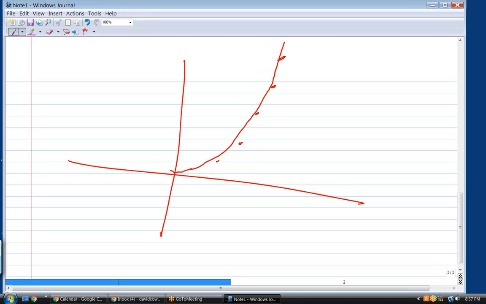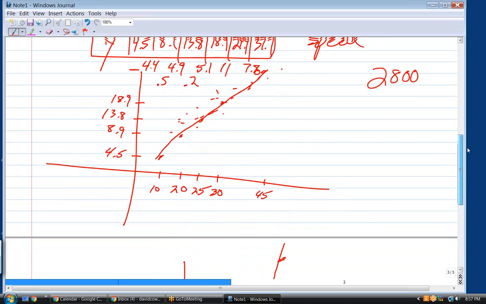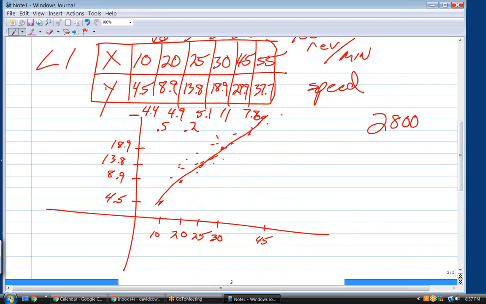Okay, cool. And what you're going to end up with in the previous problem, in other words, this certainly appears to be linear, so you're going to end up with the equation of that line. Well, equations of the line look like this. Okay?